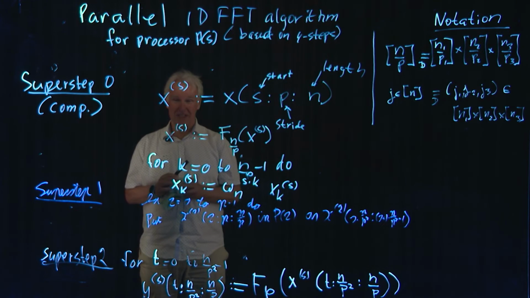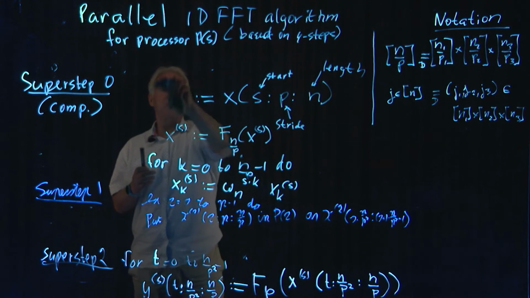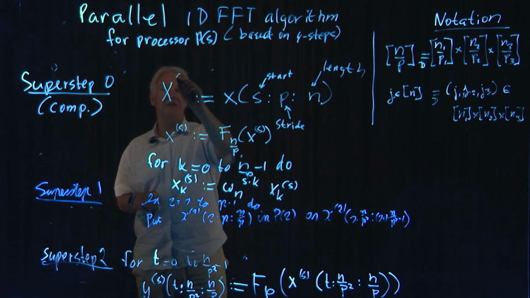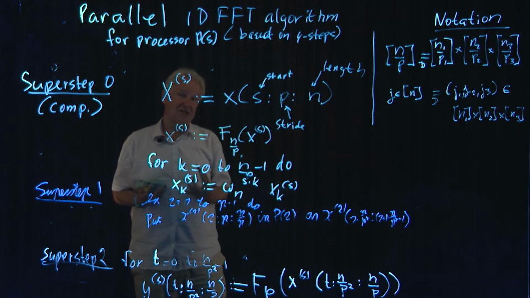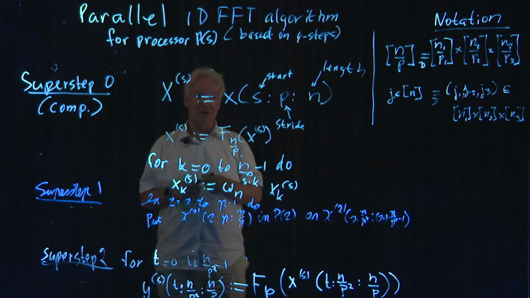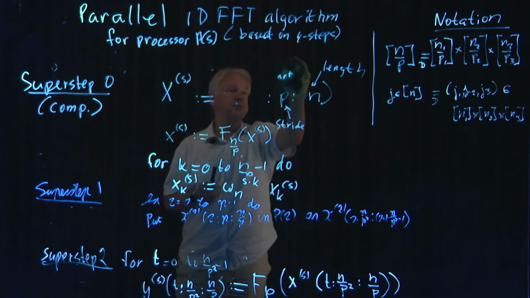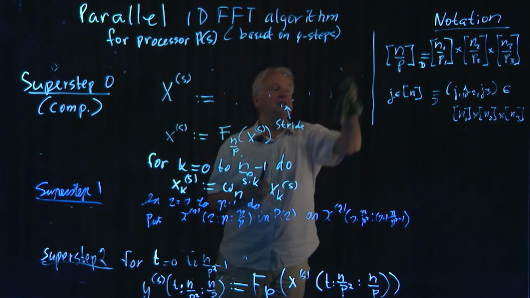We will turn this from 1 dimension now into 3 dimensions. So we're going to work on a 3-dimensional array locally. So it's the cyclic distribution. So it's part of the whole array. And we're going to perform a 3-dimensional FFT.